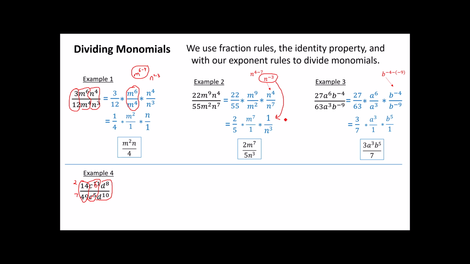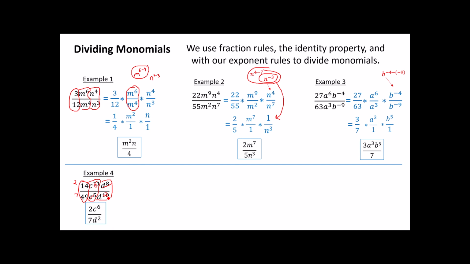Remember, negative 2 is a negative exponent, and we do not leave negative exponents in our answer. That means that negative 2 is going to send the 2 to the bottom. This is going to become d to the 2nd. So when I put all that together, I end up with 2c to the 6 over 7d to the 2nd.